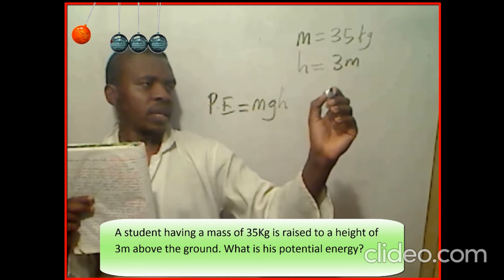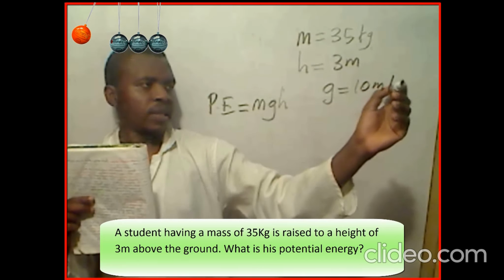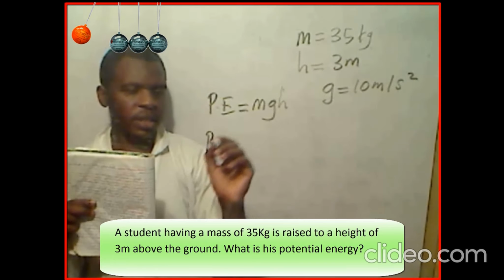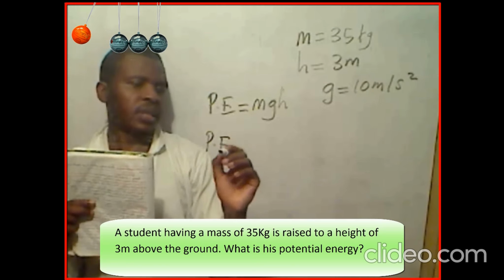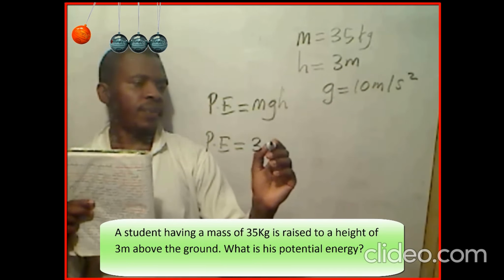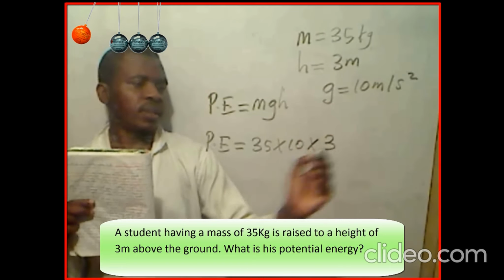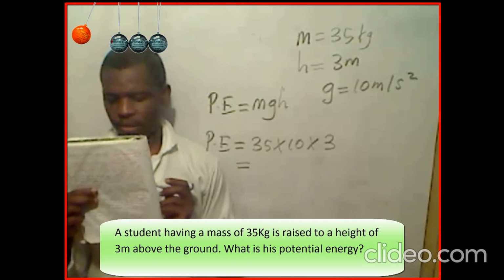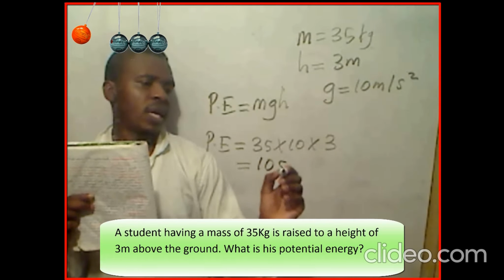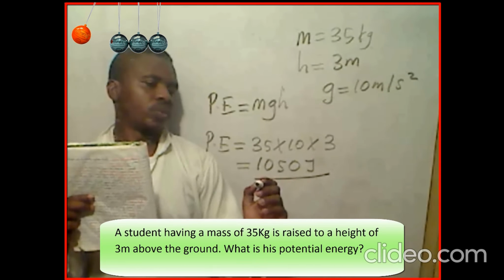We take g to be 10 meters per second squared. So in this case, our potential energy, PE, will be equal to 35 times 10 times 3. This will give us 1050 joules.